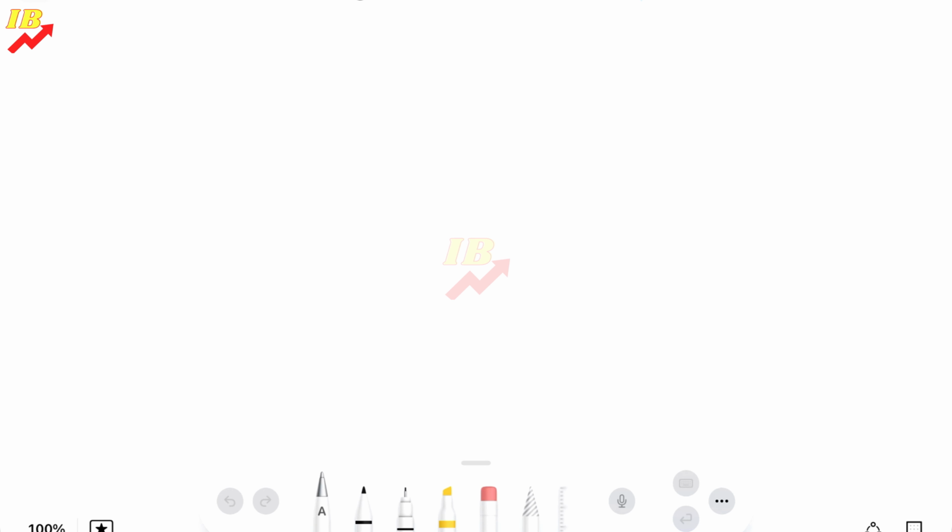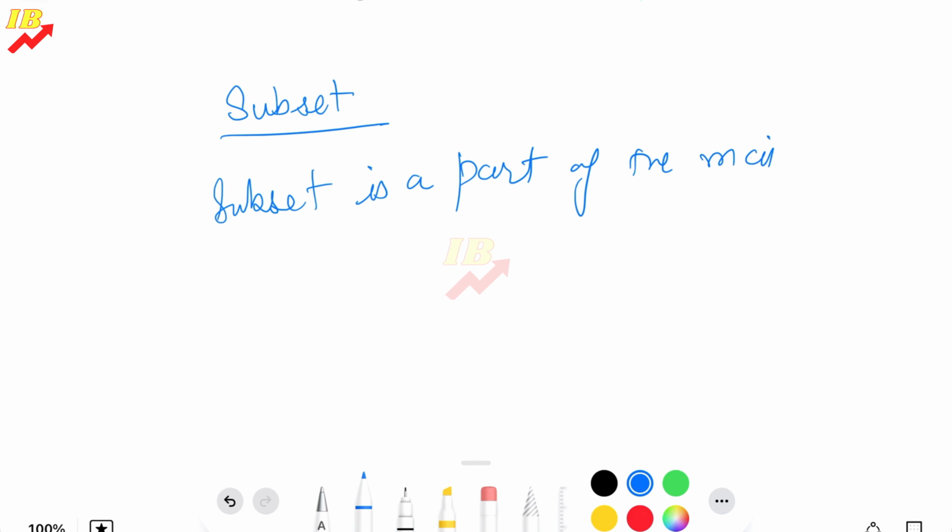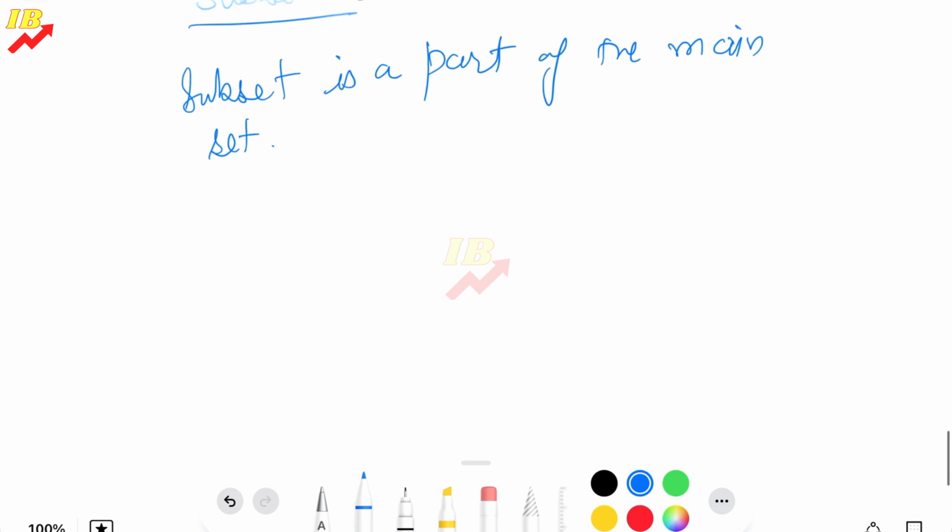Now, let's understand the next thing, which is much more noticeable, which is called subset. What are subsets? Subsets are basically some elements which are a part of a main set. Let me show you an example of this.